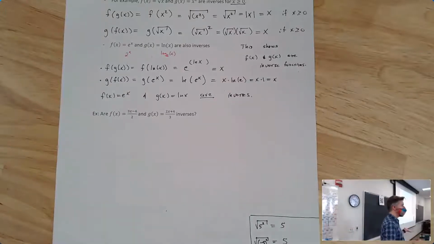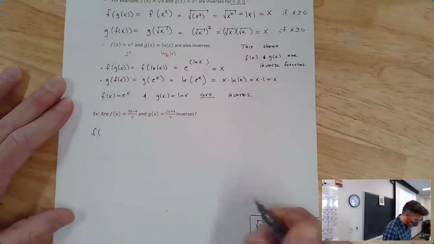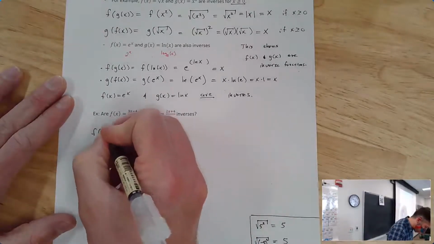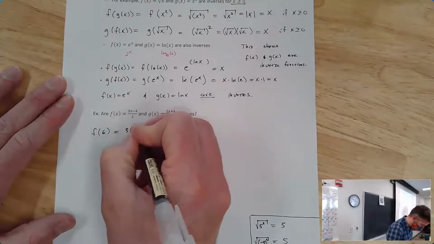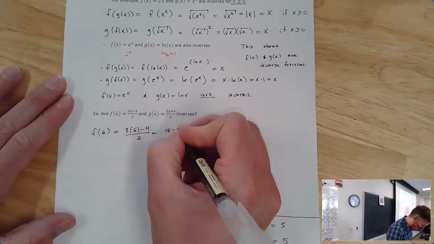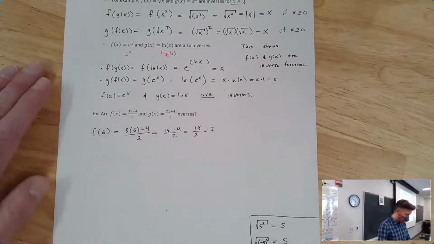It's not sufficient to show it's true for particular numbers, but I'm going to show you that f of, let's pick a nice number here, James. Sure. f of 6. If I plug in 6, what do I get? You get 3 times 6 minus 4 divided by 2, which is 18 minus 4 over 2, which is 14 over 2, which is 7.